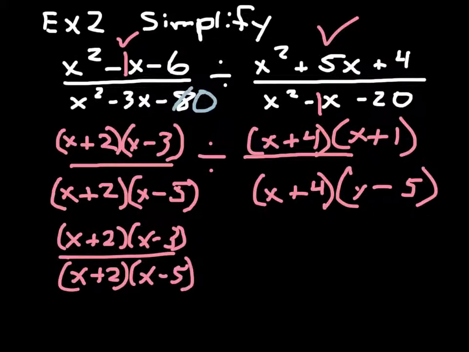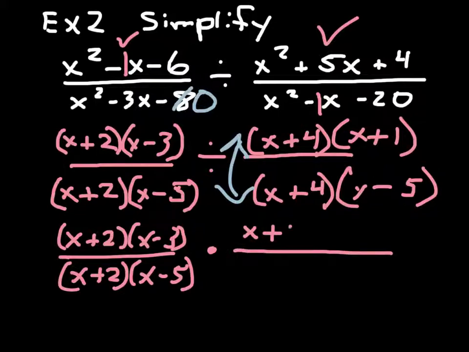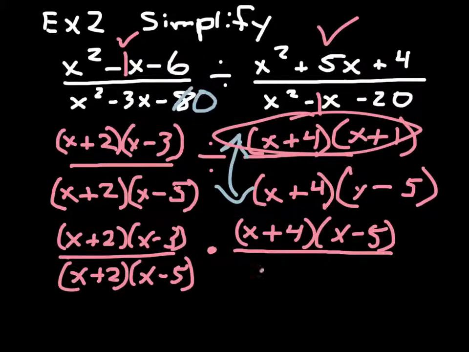Now I'm going to change it to multiplication, but I need to flip the top and the bottom here. All right? So now I have the x plus 4 in the bottom and the x minus 5 in the bottom. Now they're in the top. And then I bring these down below. So x plus 4 and x plus 1.